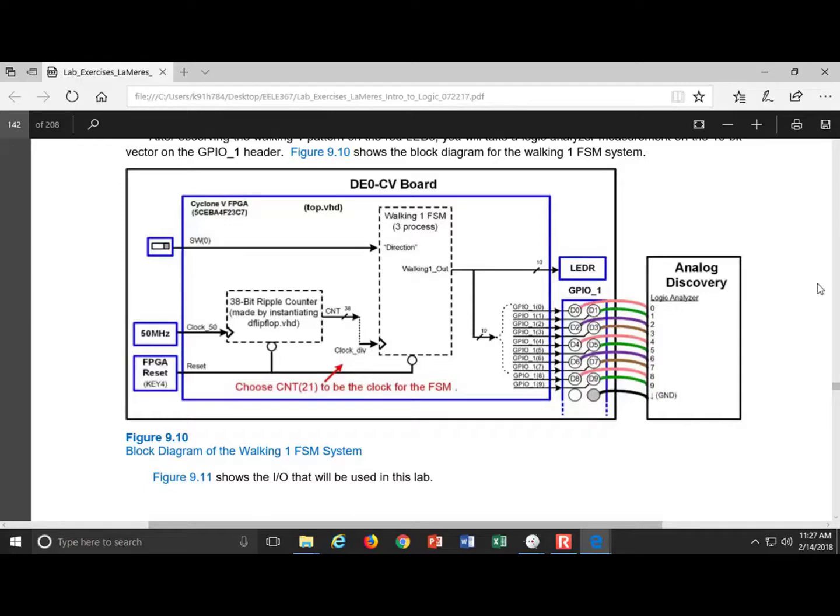So we'll hook up a couple extra channels from D0 to D9, and we'll take a measurement of the walking one pattern. Now remember, when you flip switch 0 back and forth, it should change the direction of the walking one pattern. So you're going to have the logic in there for your next state logic in order to handle looking at that input and actually changing where you go across the states. Does that make sense?